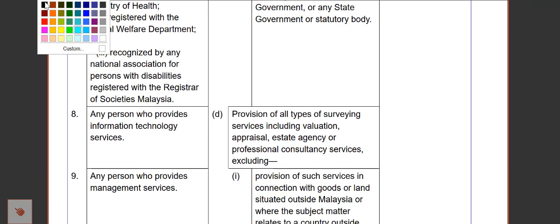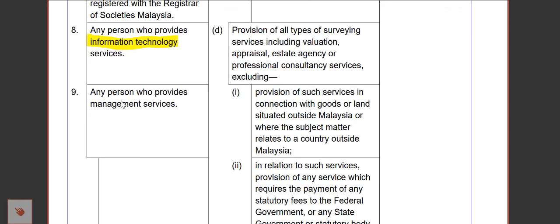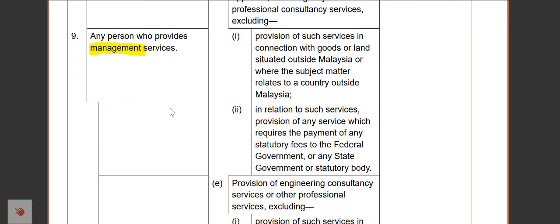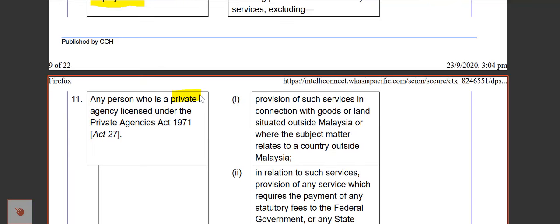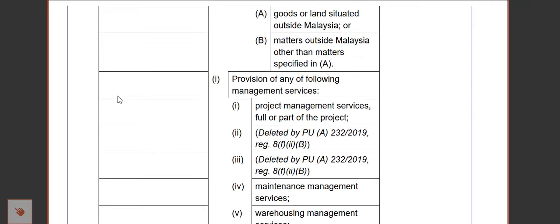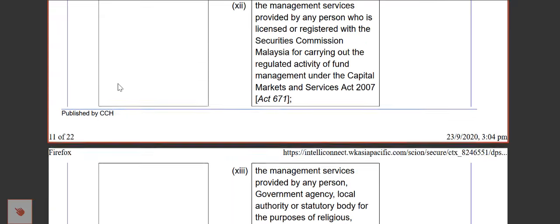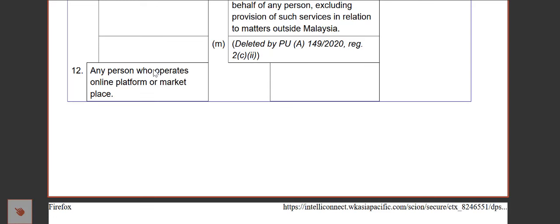All right, now if you provide any form of IT service, any form of management service, employment service, private agency, long list. Okay, now operates online platform or marketplace.